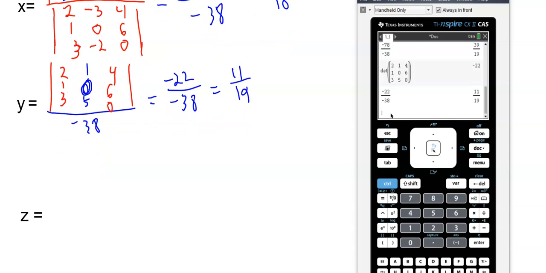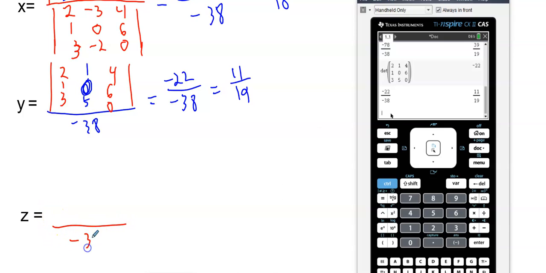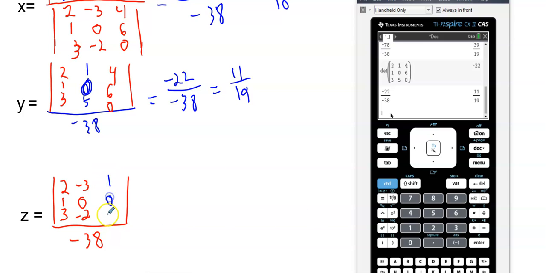And finally, we'll do the last one. So same coefficient matrix here. By the way, the denominator is definitely going to be -38. Don't have to redo it. It's the same for all three. So 2, 1, 3, -3, 0, -2. And then I'm going to replace the z values with my constant, which is 1, 0, and 5.